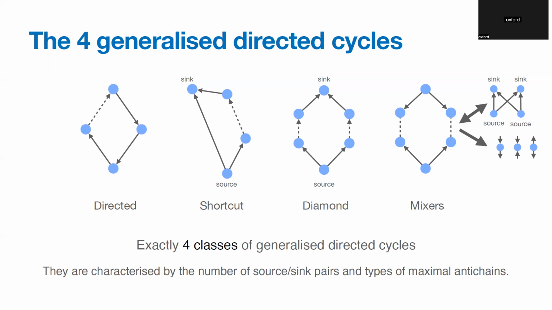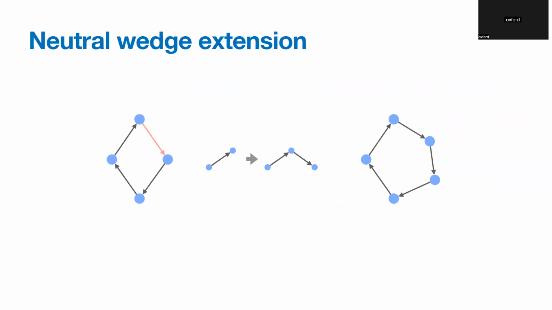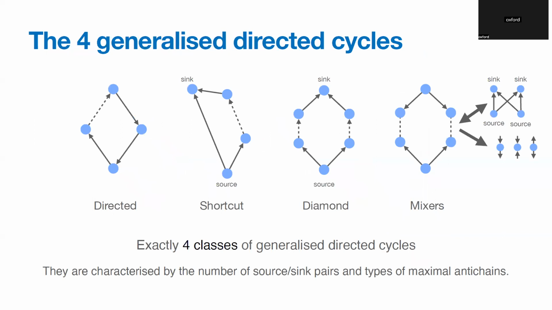It's because if you take the 4 mixer cycle that we had here at the bottom, and you just rearrange its representation, then you see that you have two source nodes that connect to two sink nodes in a way that they essentially mix.